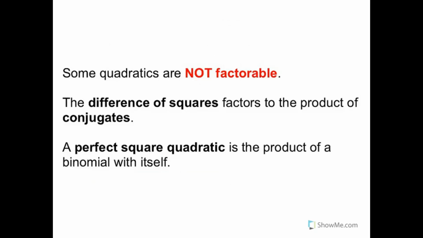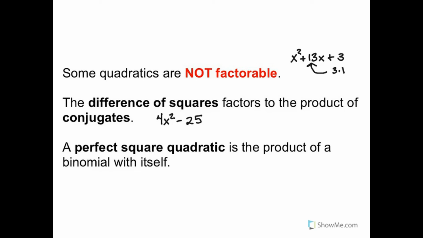We've talked about three different things here. One is that some quadratics are not factorable. If the factor pairs for the last term can't add up to make the middle term, there's no way to factor that quadratic. The second thing we learned was to recognize the difference of squares.